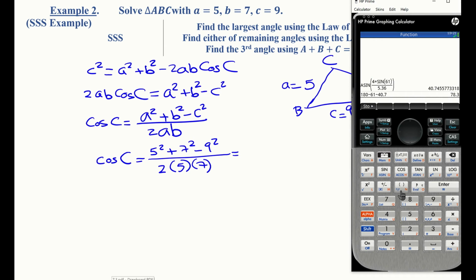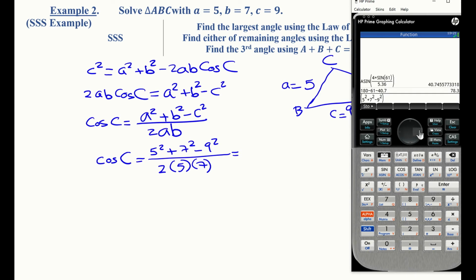So we're going to open parentheses and type 5 squared plus 7 squared minus 9 squared. We're done with that.